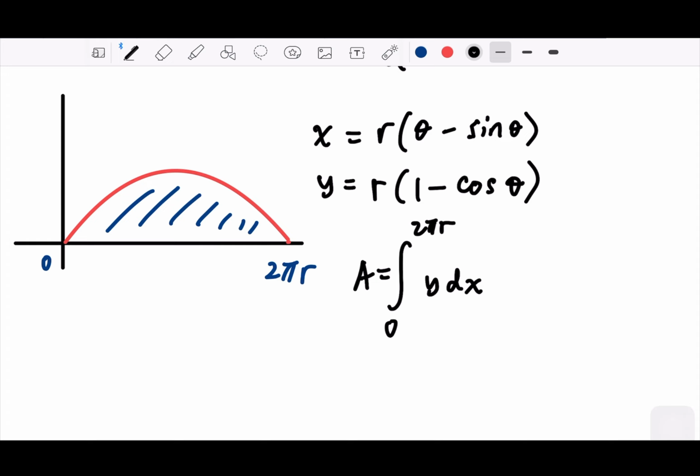And now we need to exchange y in terms of the new variable, which is theta, from the parametric equations. And we also exchange the dx from the derivative of the parametric equation of x.